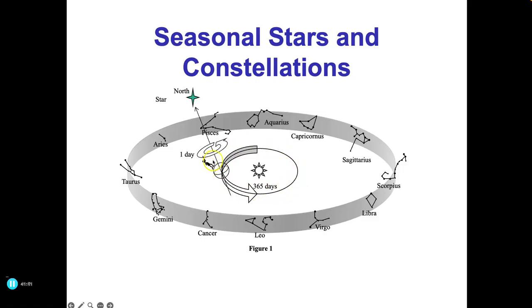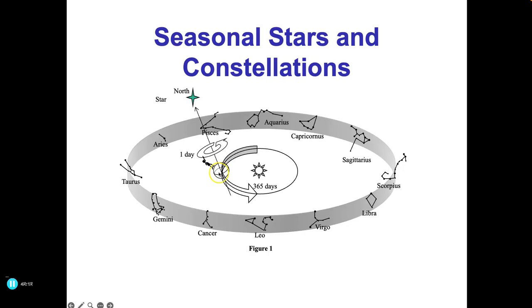And so when the Earth is over here, what does that look like from the Earth's point of view? Well, when the Earth is over here, the sun appears to be in front of the stars of Scorpius. Remember, Scorpius is a constellation. Anything within the borders of Scorpius is in the constellation Scorpius.